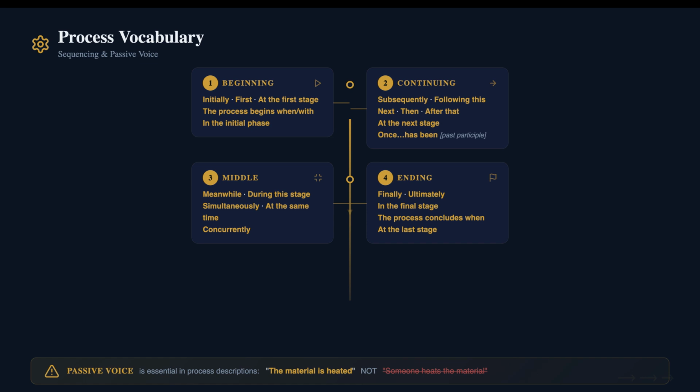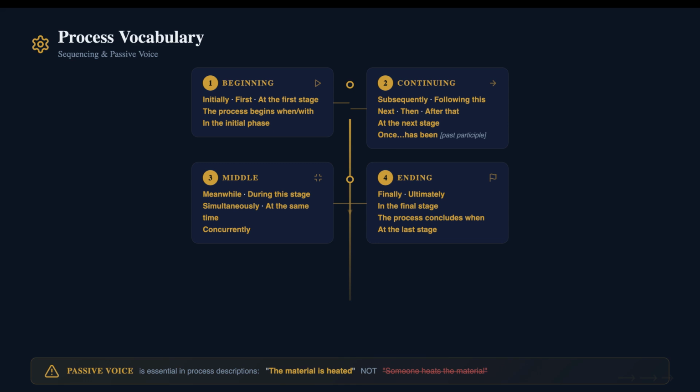And last but not least, we have the fourth group of words to describe the finish or the ending process of doing something. So we have finally, ultimately, in the final stage, the process concludes when, at the last stage.